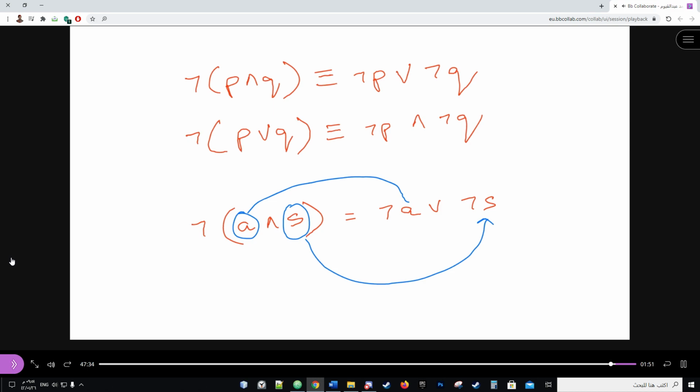Today we'll learn how to apply those laws. So you're given a question. Show that, for example, this is equivalent to this. We have an expression on the left and we are supposed to prove that it is the same as the expression on the right.